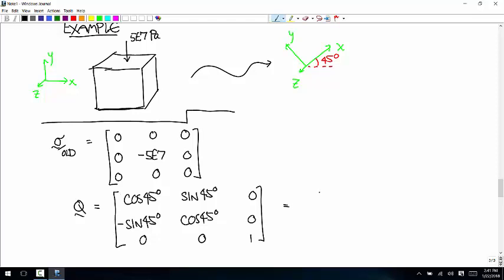So in decimals, that's 0.7071, 0.7071, 0, negative 0.7071, positive 0.7071, 0, 0, 0, 1.